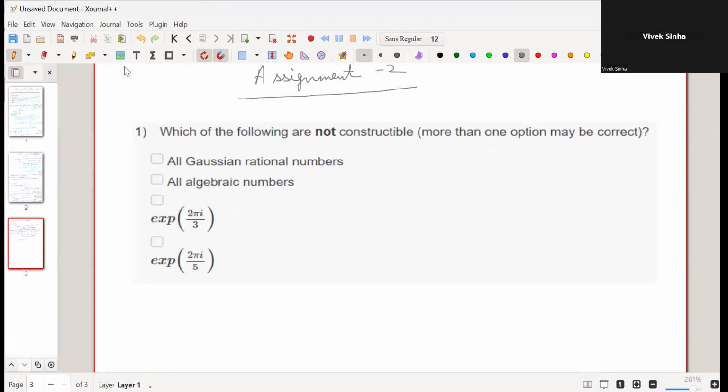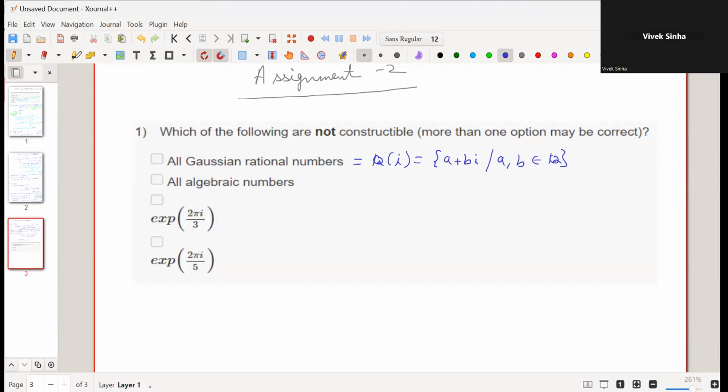What is meant by Gaussian rational numbers? They are elements in the field Q(i), meaning a plus bi type of numbers where a, b belong to Q.